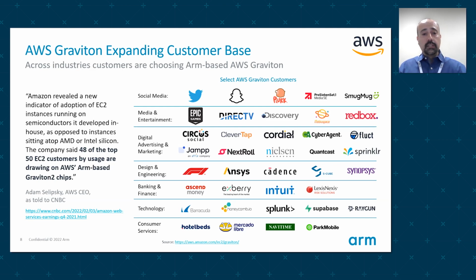We were very excited to see Amazon announce that 48 of their top 50 EC2 customers by usage are drawing on AWS ARM-based Graviton 2 chips, just showing how the ecosystem maturity is there for customers to easily make the switch.